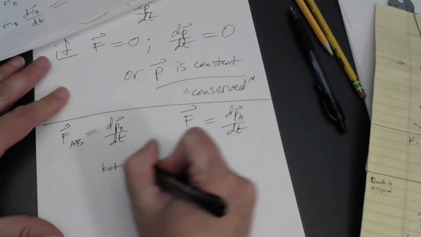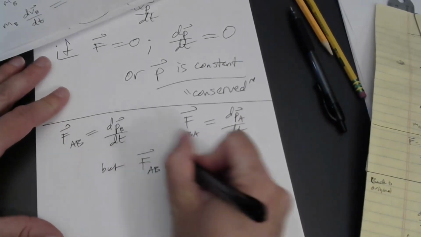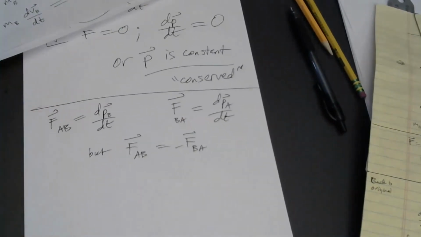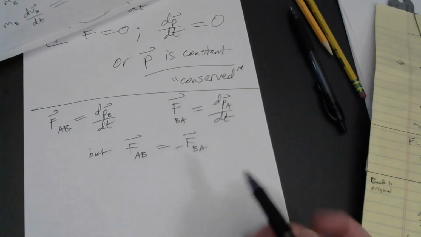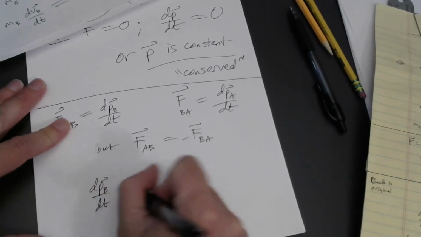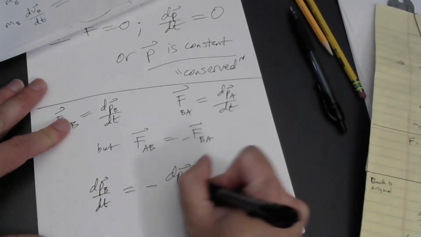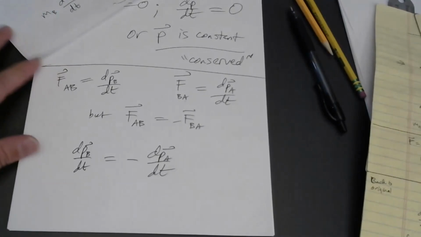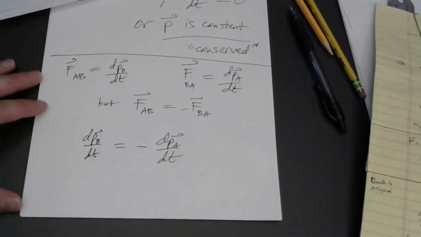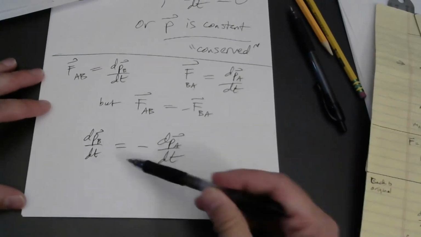So I'm starting with Newton's second law, but then I'm going to invoke Newton's third law again. I'll say, but these 2 force vectors are equal and opposite. Contact forces, or contact interactions, can be described by a pair of equal and opposite force vectors. So I will take these 2 now, set them equal to each other with the minus sign. In a math class, this might be a faux pas, but I'm going to regard these as fractions.